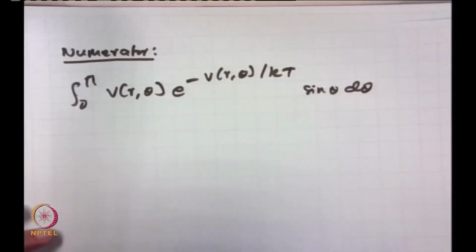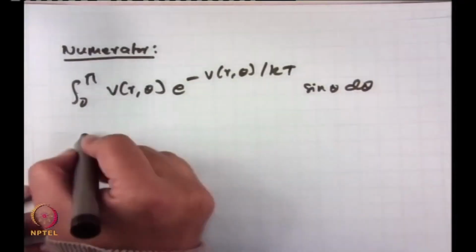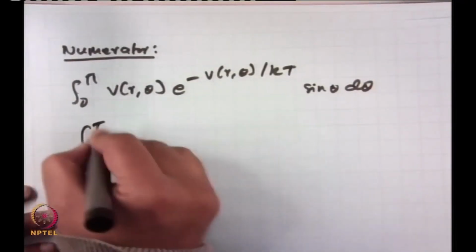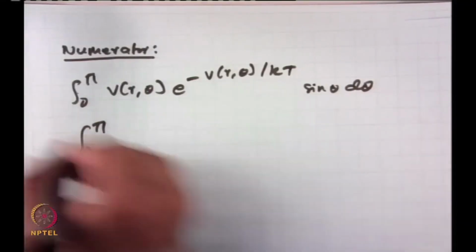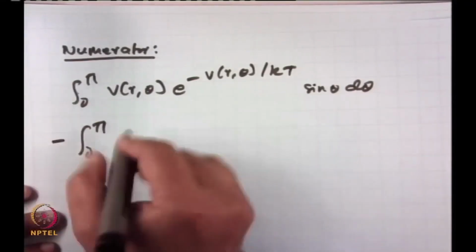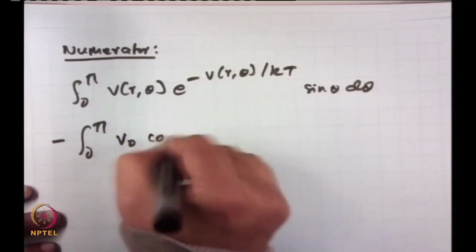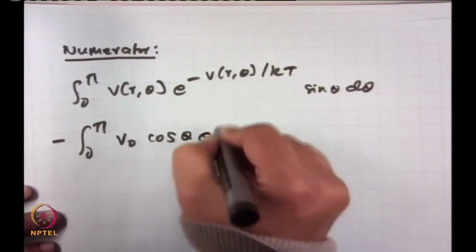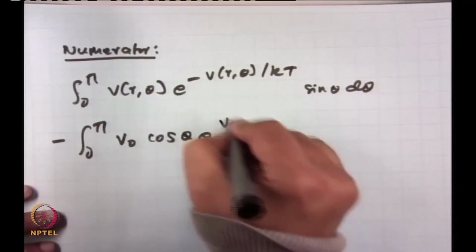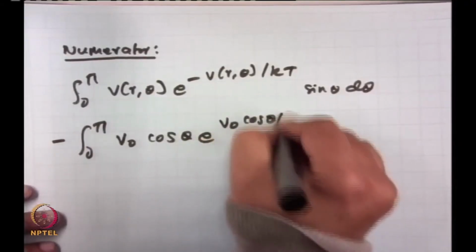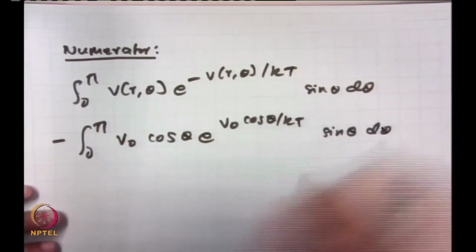Now what was V of r theta? It was minus V0 cosine of theta. So I can take the negative sign out here and I do V0 cosine of theta e to the power V0 cosine of theta over kT sine theta d theta.